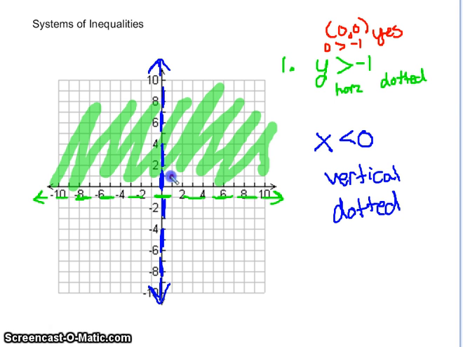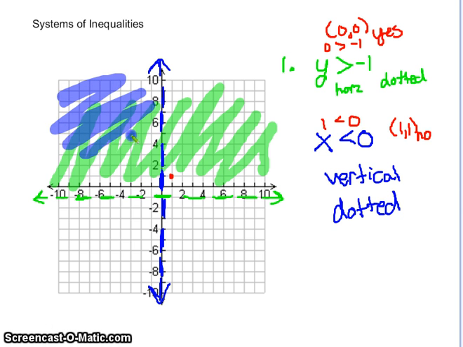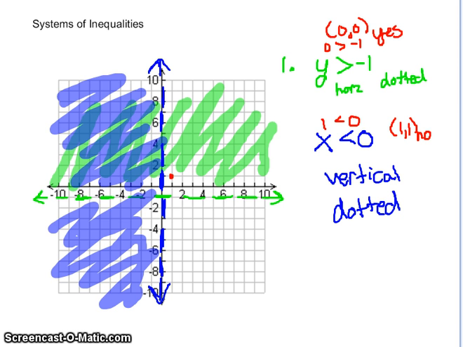My next point, when 0, 0 doesn't work, I'm going to pick 1, 1. I like 1, 1 better than anything else. Is 1 less than 0? No, it is not. So 1 is on the right hand side. That means we are going to shade the left hand side.